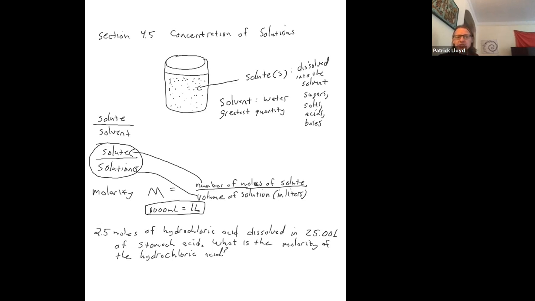Hydrochloric acid is HCl. So here's what we do. The molarity is equal to the number of moles of the solute. There's your solute. Hydrochloric acid is dissolved in the gastric juice, the stomach acid. So 2.5 moles divided by the volume in liters of the solution. Here's our volume of the solution, 25.00 liters.